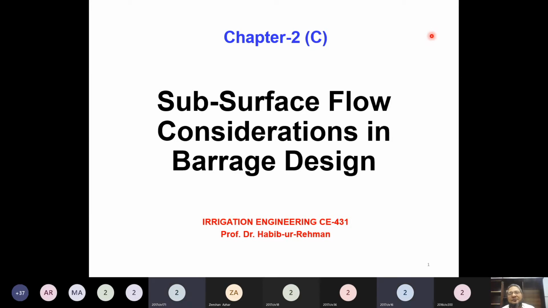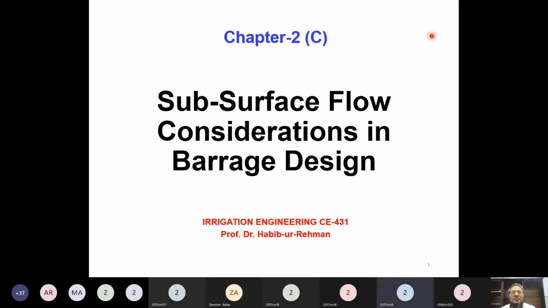Sir, we can describe different components of the barrage and design them. For example, you are in a position to compute the length of the upstream concrete floor and to fix the level of the upstream concrete floor. Am I right? Yes, sir.